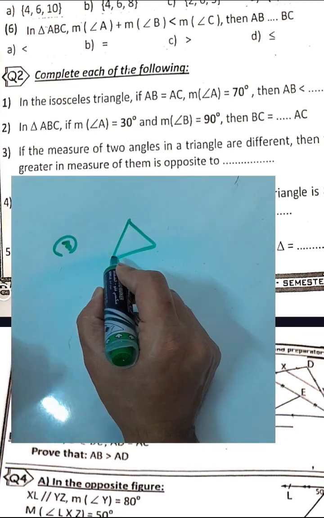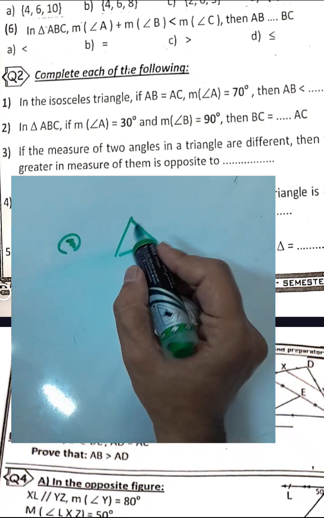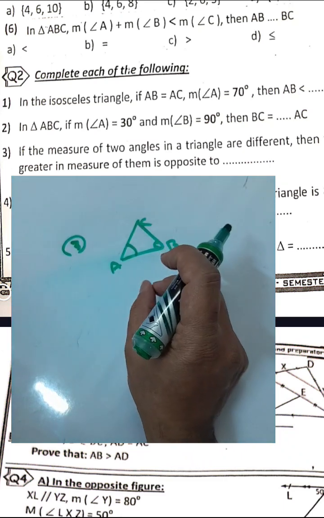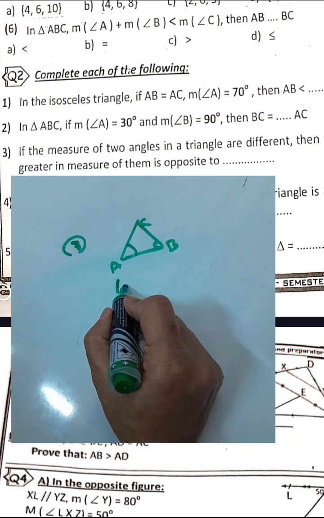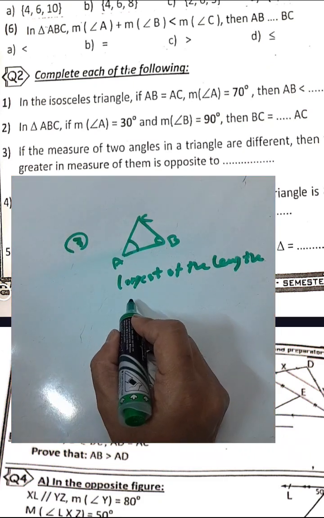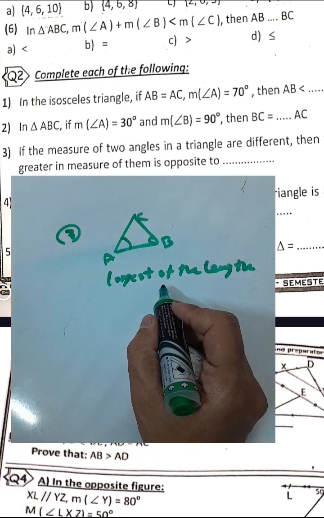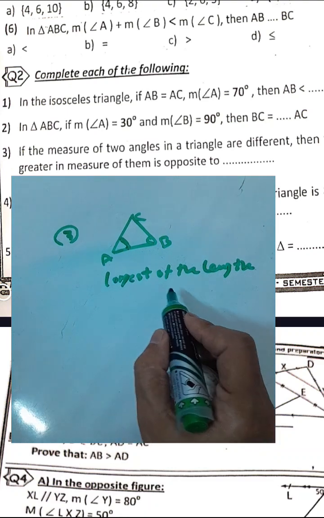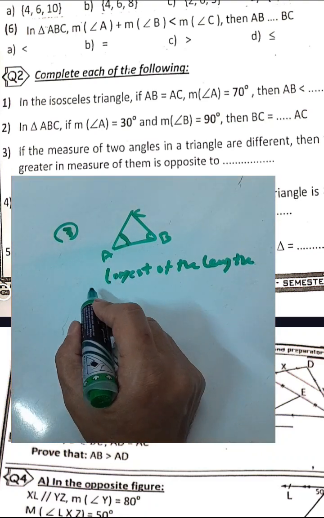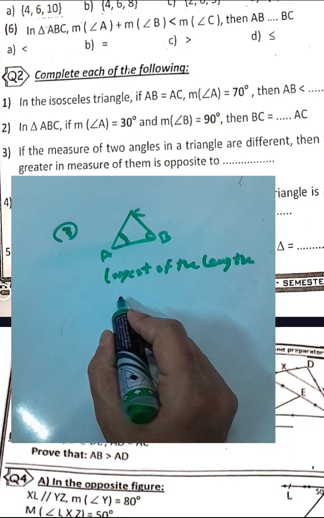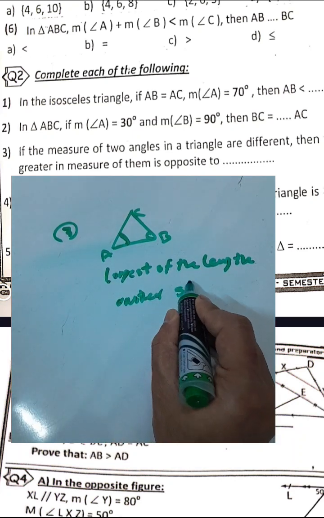Again, question number 3, I will explain it again. If we have a triangle where the measures of two angles are different, say A and B and C, with A greater than B, then the greater angle measure is opposite to the longer side.